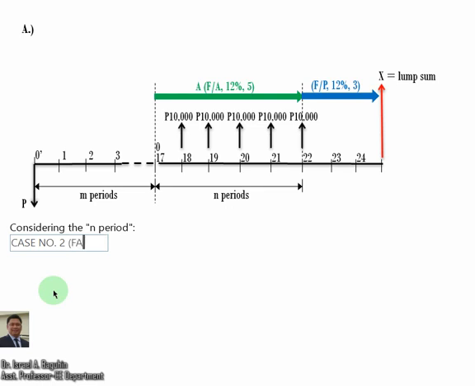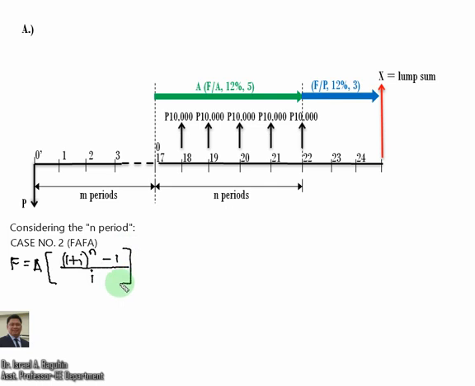So what is this case number 2? To remember this one, just consider the word FAFA. So F is equal to A times the quantity 1 plus i raised to the n minus 1, all over i.